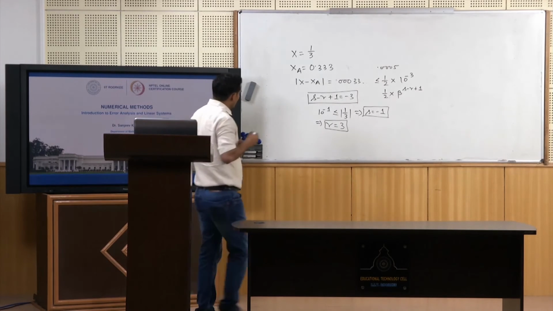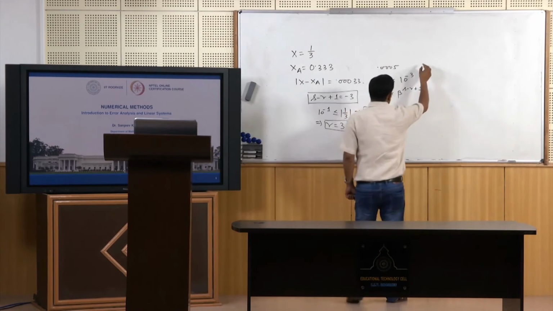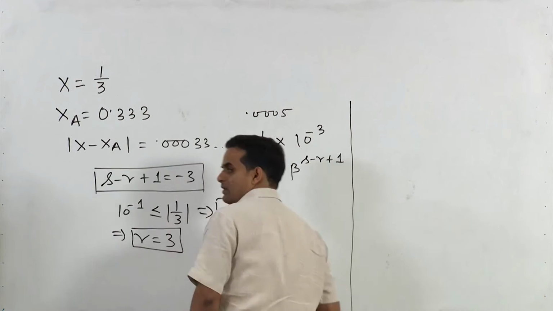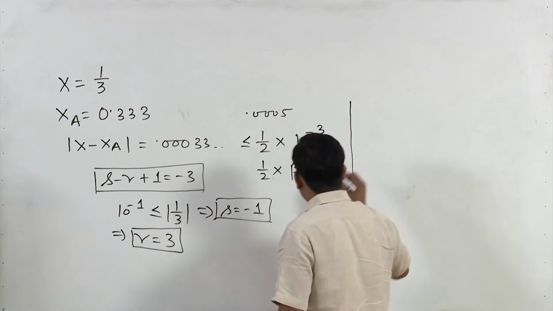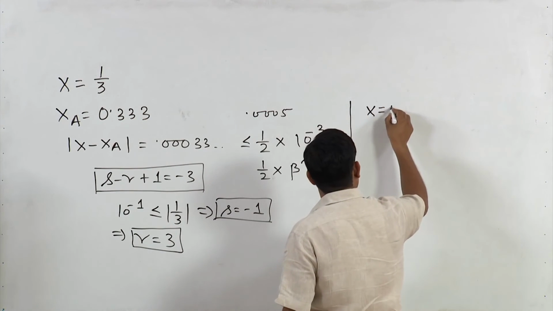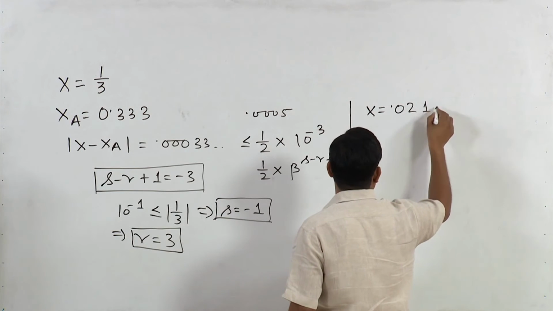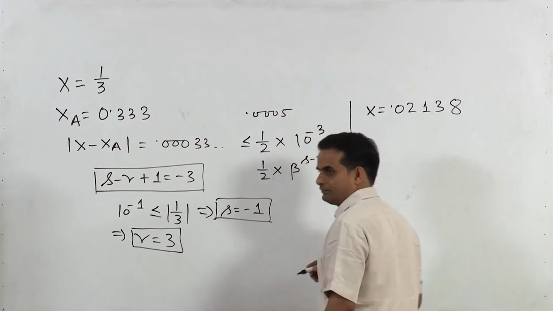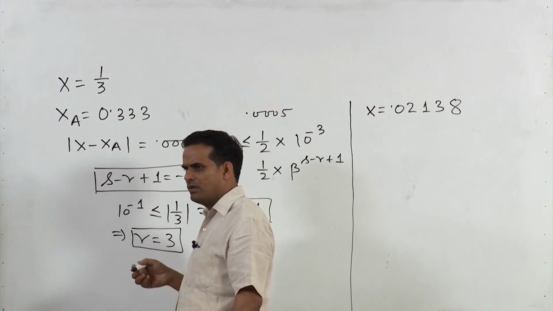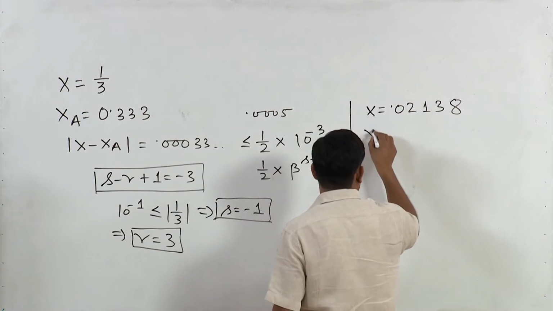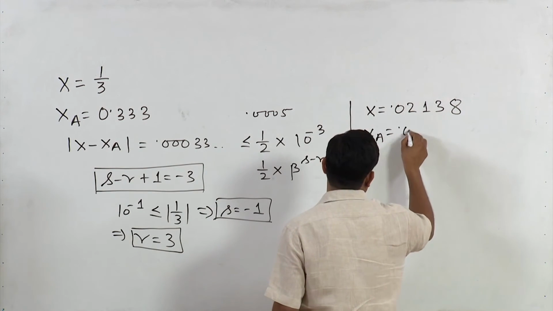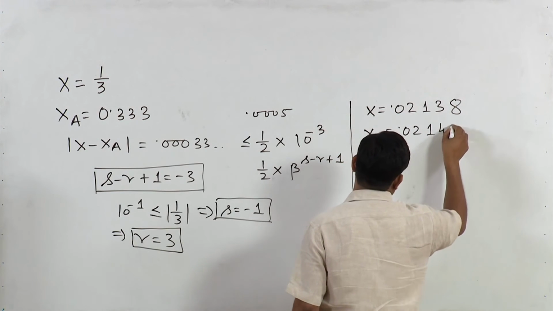If we take one more example of the same thing, for example, the true value is 0.02138 and the approximation is, let us say, 0.02144.